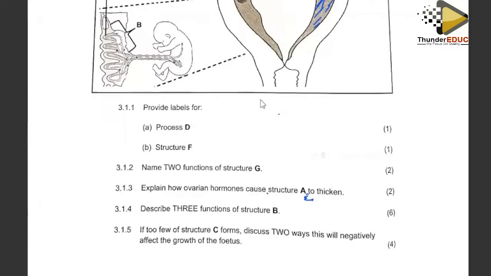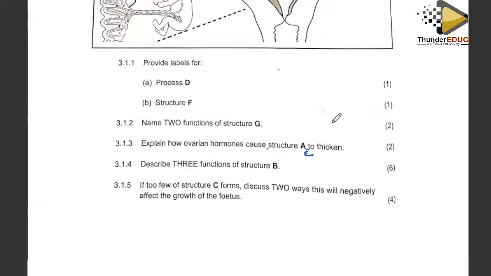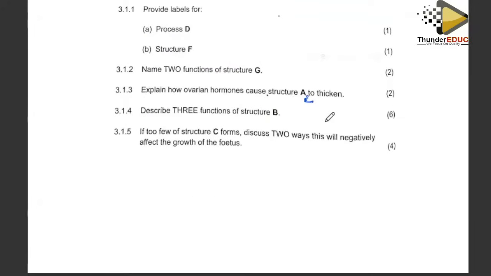Why? So that they're able to prepare the uterus for implantation when the zygote has been formed, or when fertilization has taken place. So that's what they are looking for in this case. You'll check the memo for what exactly I'm saying, but that's what they are looking at, the way they have said the question.